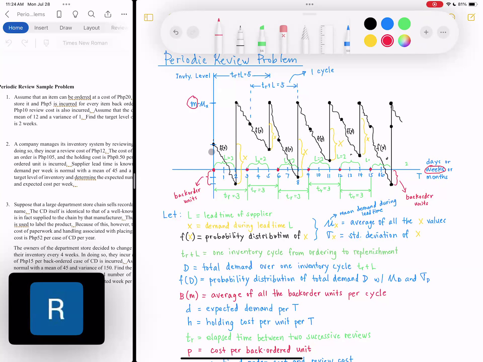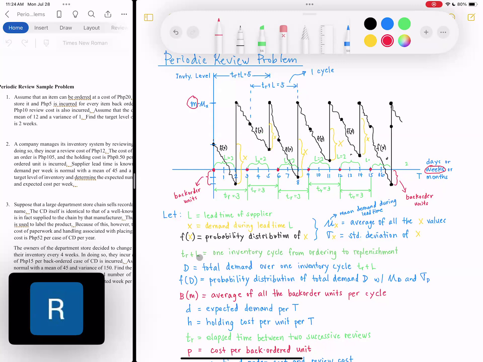The difference in their levels, this height here, is how much was consumed during the lead time. So this vertical height here represents your demand during lead time, x.